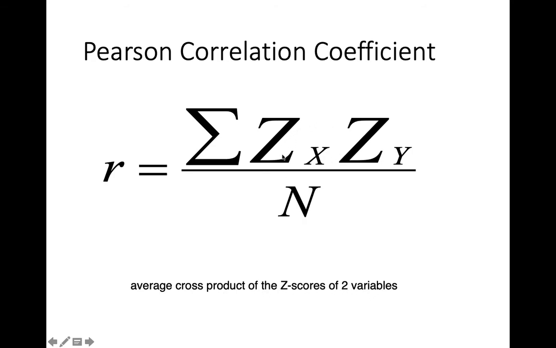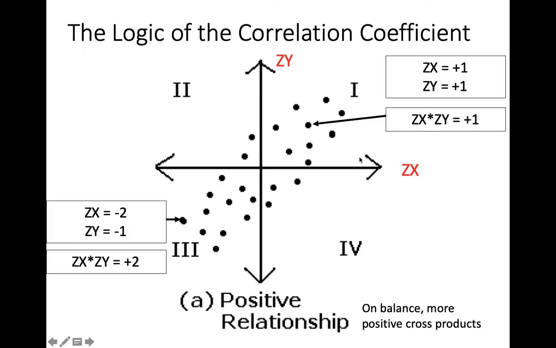So we're going to take something known as a cross product, and then we're going to average that. Okay. So what are these cross products about, and why does it make sense that we calculate a correlation coefficient by coming up with the cross products of these two variables?